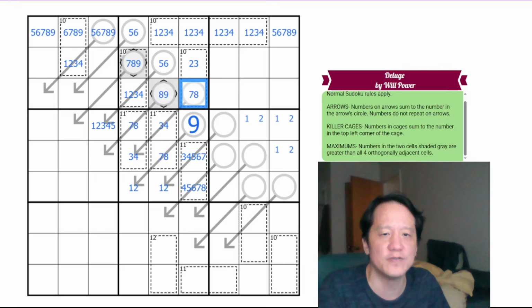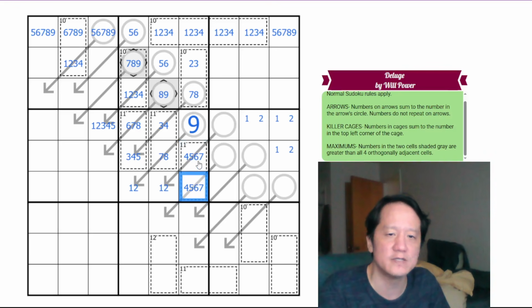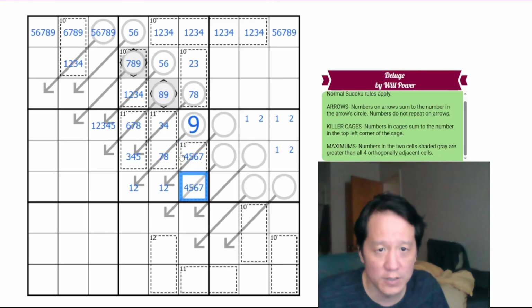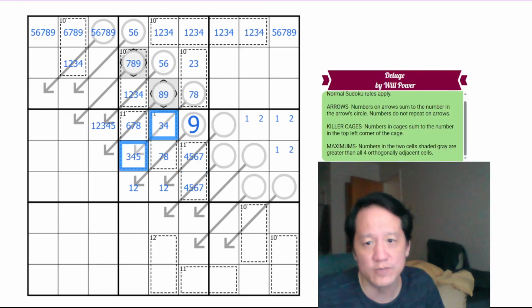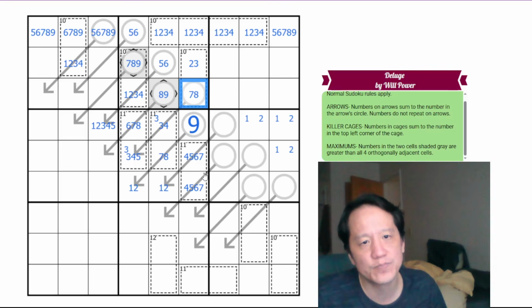Or, to add up to 8, this would have to be 3 and 5. So this would be 5 there, that's 6. So that means this can never be 3 or 8 here, because 3 is guaranteed to be one of these two to add up to 7 or 8 there.